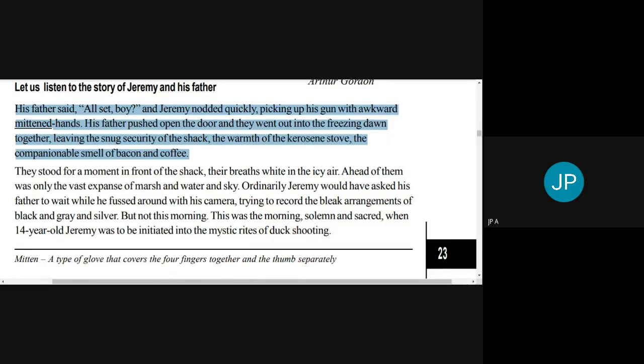So he is going out from this comfort. This boy is going out with his father from the comfort of the house into the discomfort of the freezing dawn outside the shack. So that is the first paragraph.